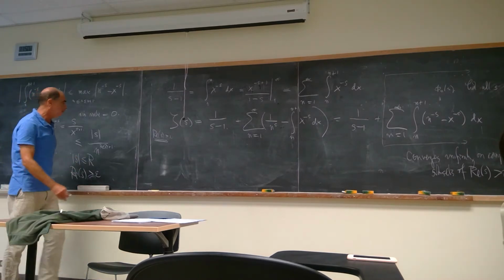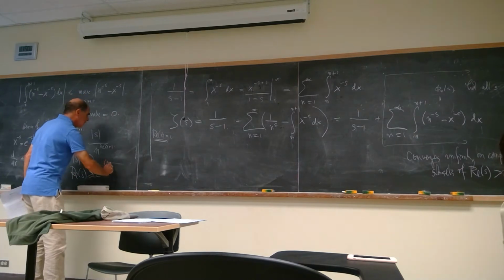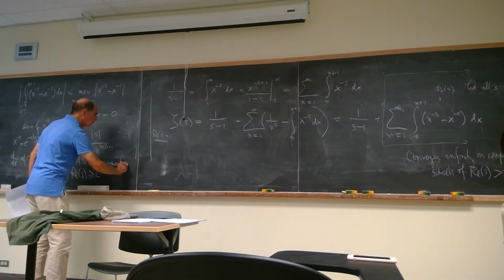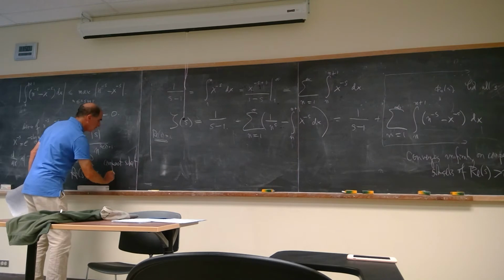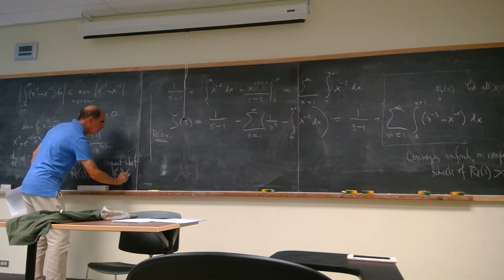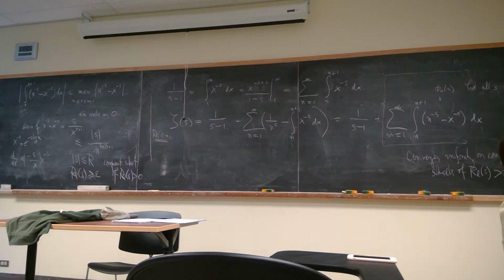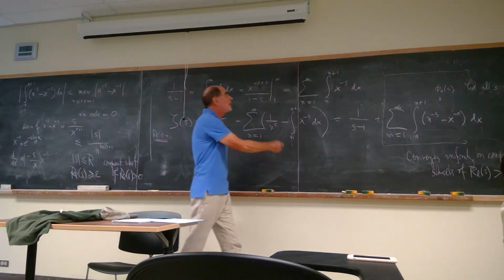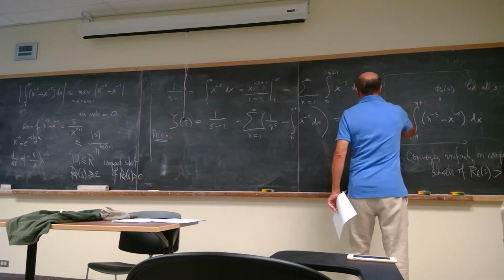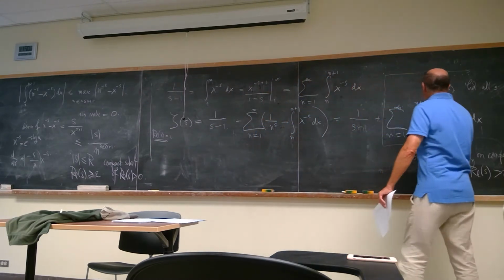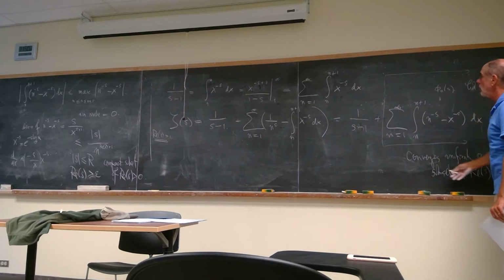It converges uniformly on compact subsets of the real part of s greater than 0, by comparison with the harmonic series. And that's the proof that the zeta function has a little bit of a meromorphic continuation. Once you remove the pole at s equal 1, you can represent it by a holomorphic function.